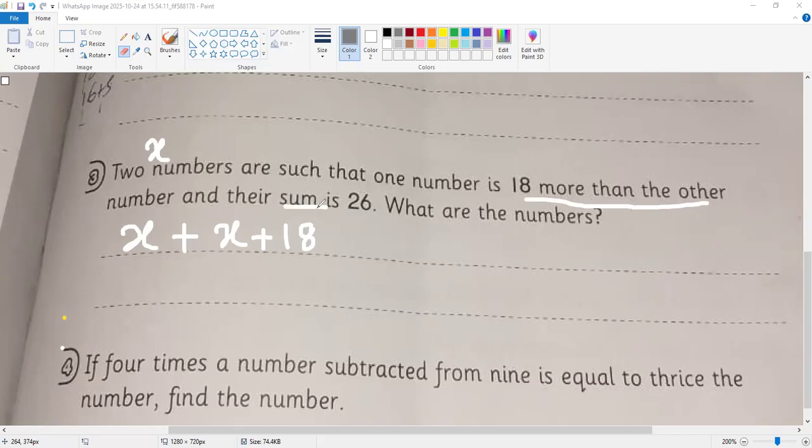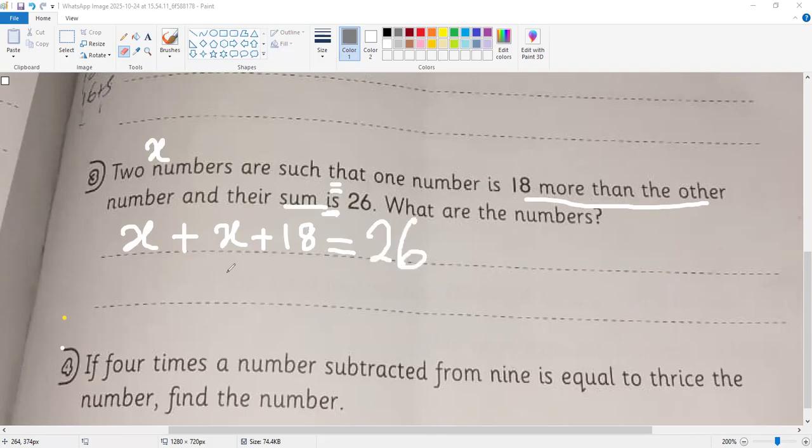The keyword sum refers to addition, right? Then this verb is connecting the algebraic expression in worded form to 26. In mathematics, verbs in word problems most times represent the equality sign. So I put my equal to, and then I have my 26.